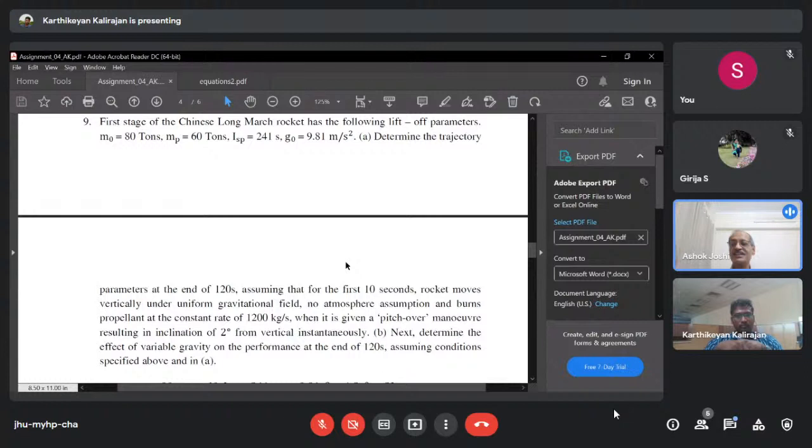And instantaneously, the theta from vertical becomes non-zero, a slight small amount. And then from that point onwards, the gravity turn solution will take over to generate the curvilinear trajectory. So I hope this philosophy of solving this problem is clear now.